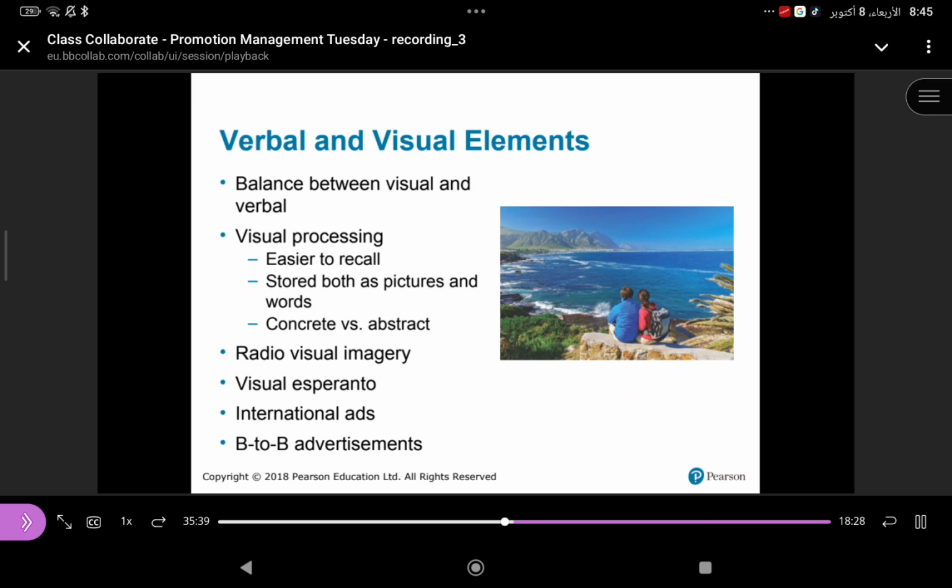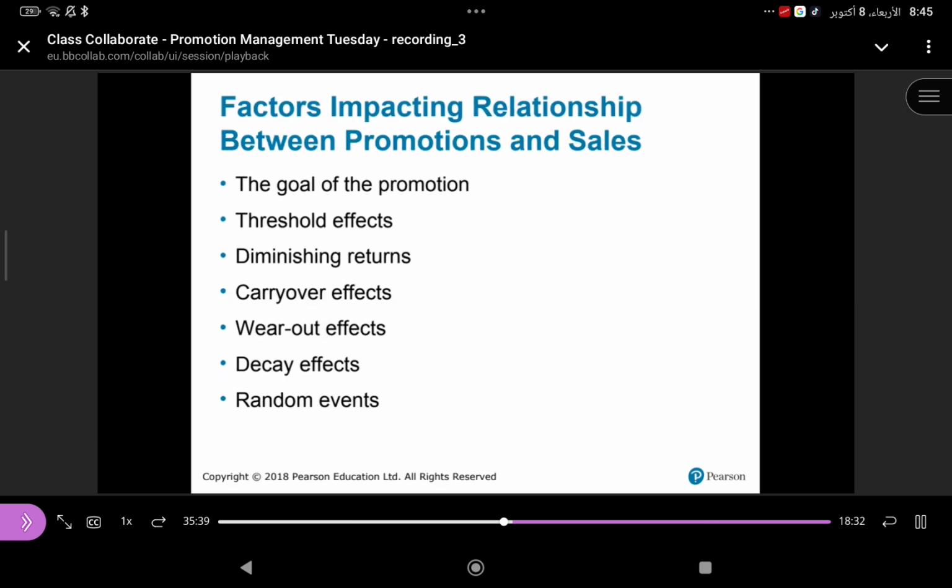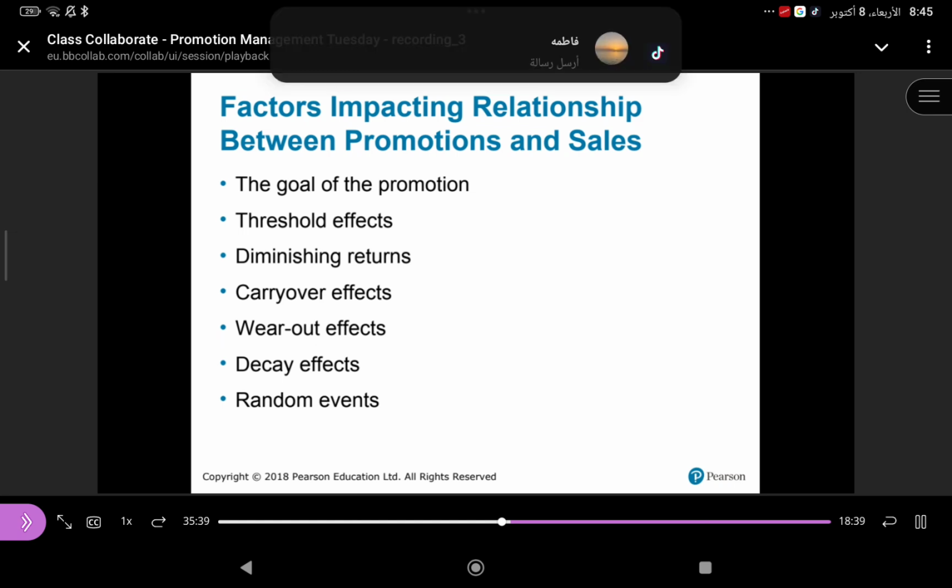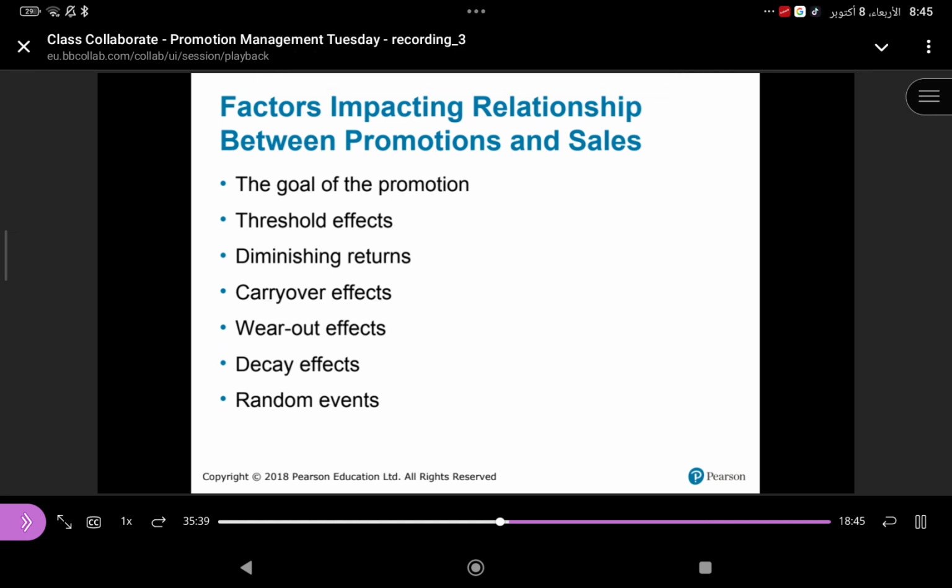Next are the factors impacting the relationship between promotions and sales. What are the factors? How the emotions and sales are interrelated. The type of promotion is also very important. There can be price-based promotion and non-price-based promotion.